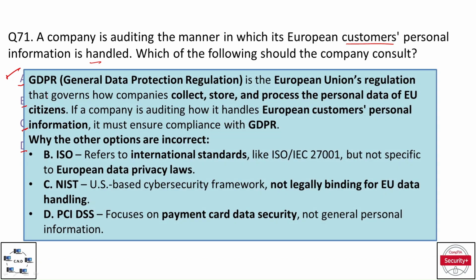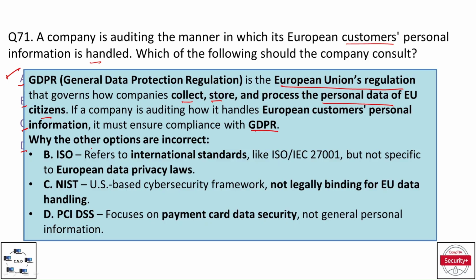So why is that? GDPR, General Data Protection Regulation, is a European Union regulation that governs how companies collect, store, and process the personal data of EU citizens. If a company is auditing how it handles European customers' personal information, it must ensure compliance with GDPR.